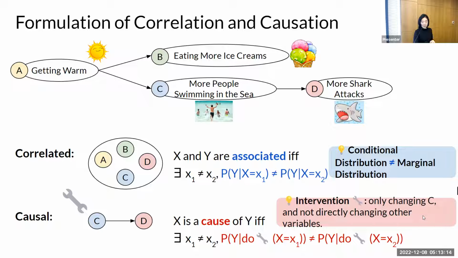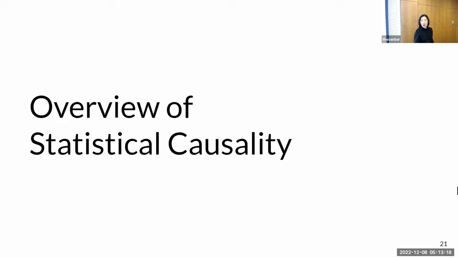This is a definition of intervention that we will use later in the tutorial. Now we will dive into the overview of statistical causality as our part 1.